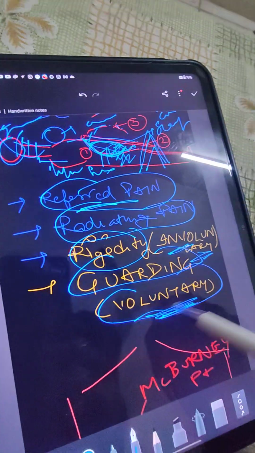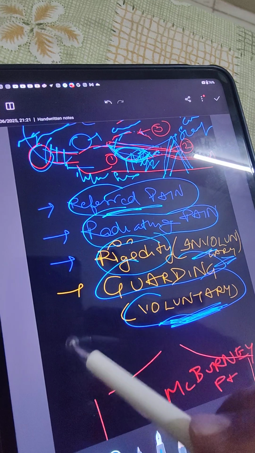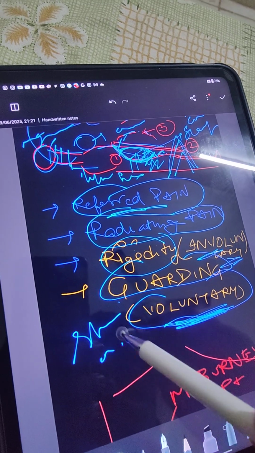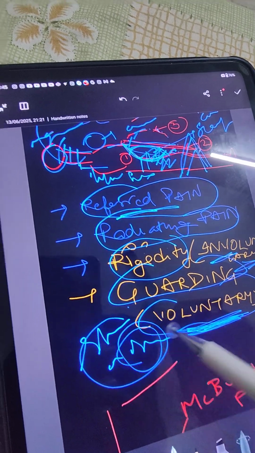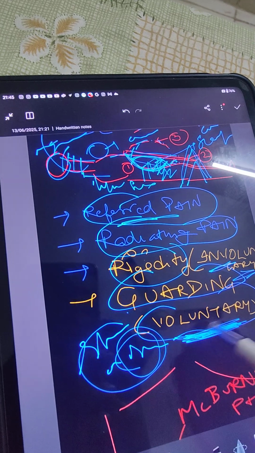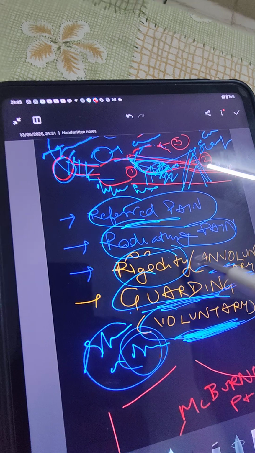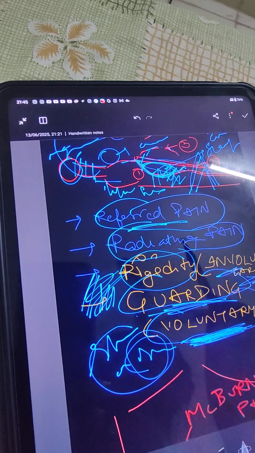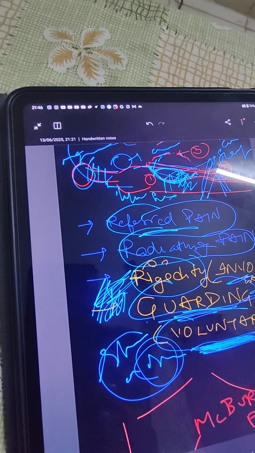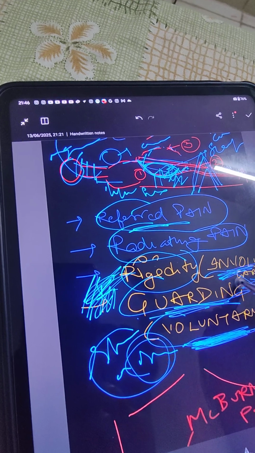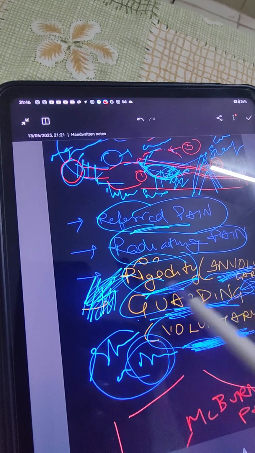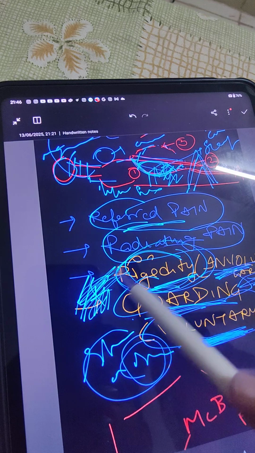Voluntary means the muscle spasm is due to the patient's willingness, that is guarding. If spasticity is present over the whole abdomen, that is involuntary action, and that sign is called rigidity.